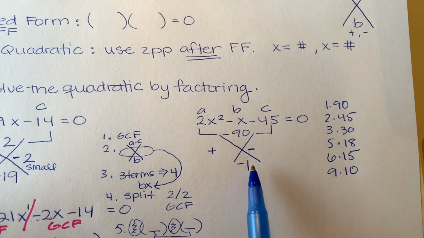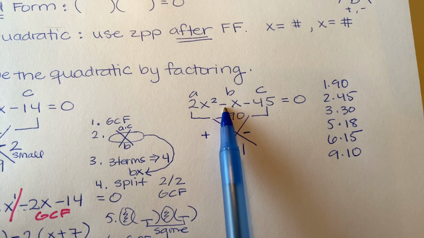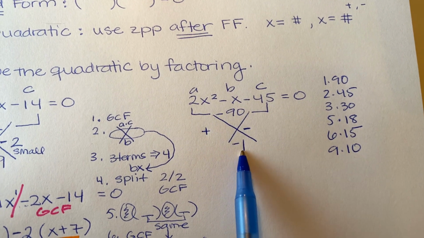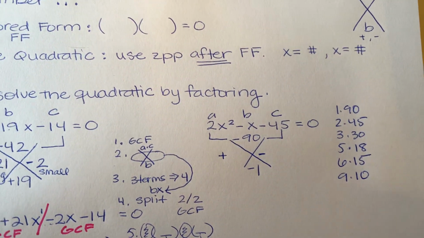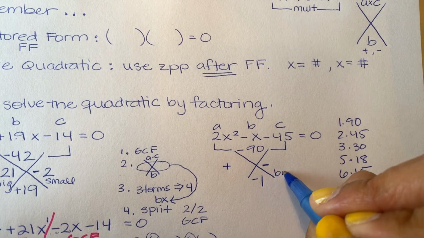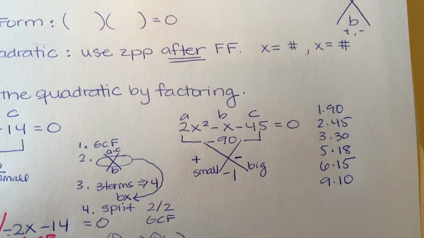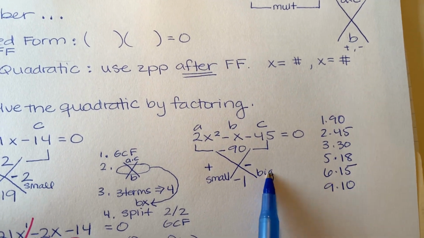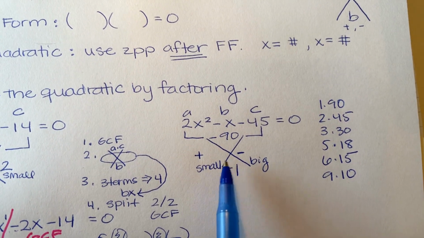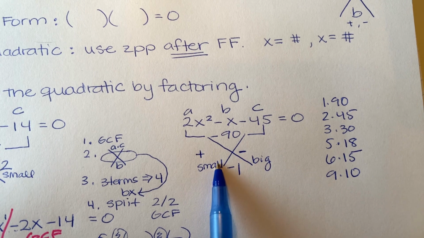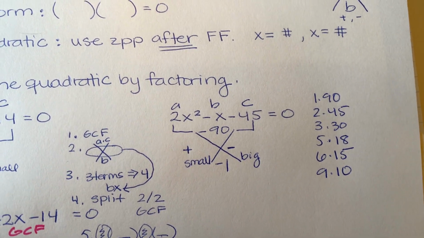Now because my B value, -1, is negative, that means my bigger value is negative. So my negative value will be the bigger number, my positive value will be the smaller number, right?